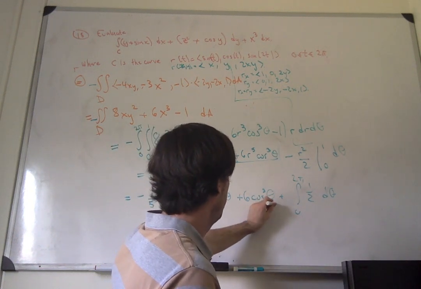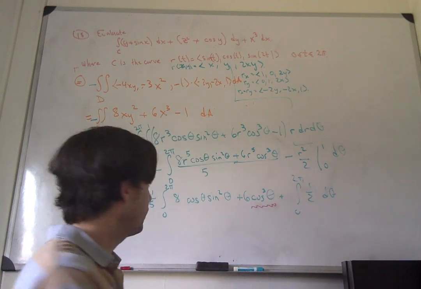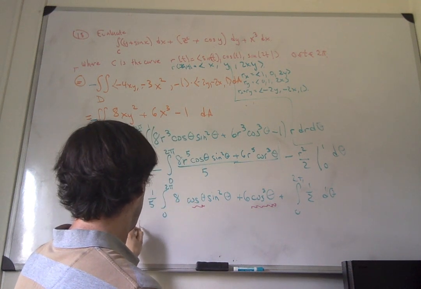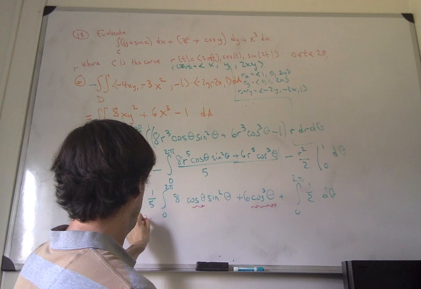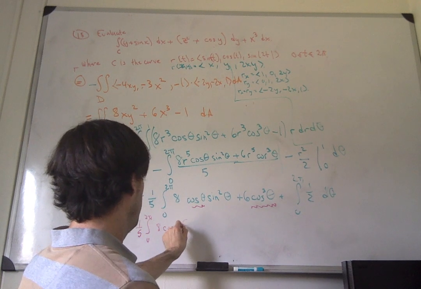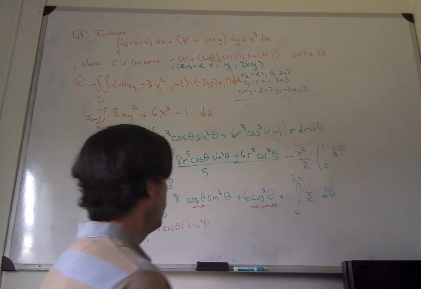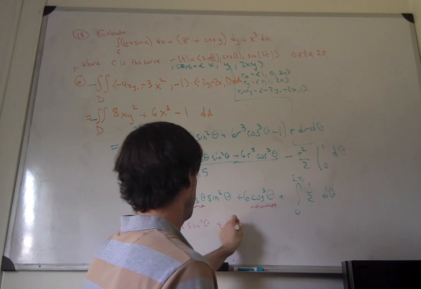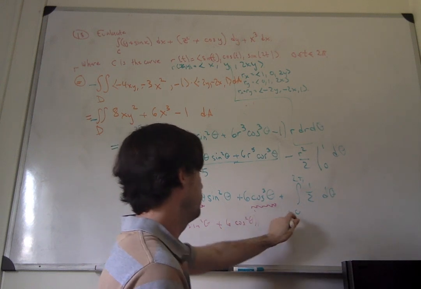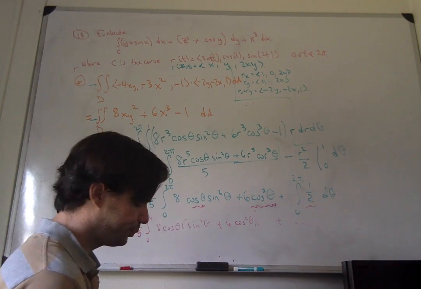And now look, this part right here has a factor of cosine, and this has a factor of cosine. So what we're going to do is factor out the cosine. And so you should get cosine times sine squared plus 6 times cosine squared, plus this part right here, that other integral.